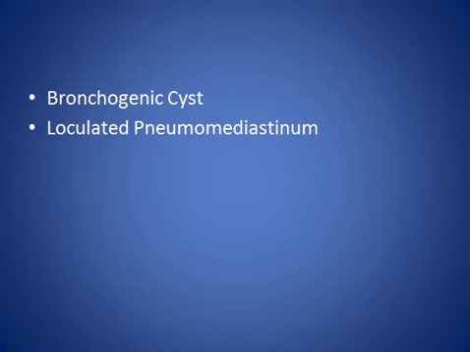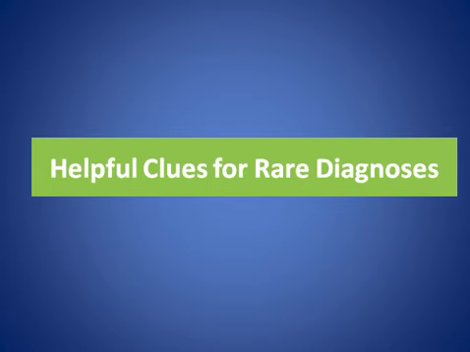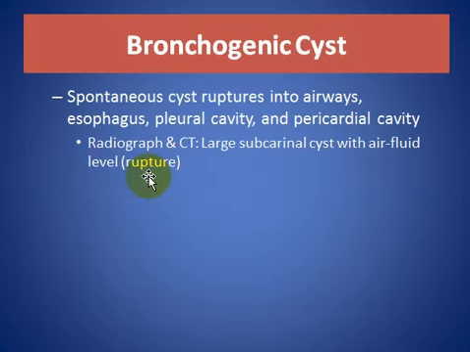Rare causes we have a bronchogenic cyst and loculated pneumomediastinum. In the bronchogenic cyst, spontaneous cyst rupture into the airway or esophagus or pleural cavity or pericardial cavity resulting in air fluid level due to rupture.